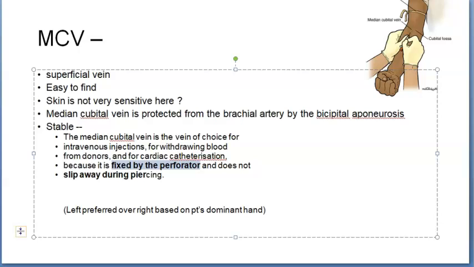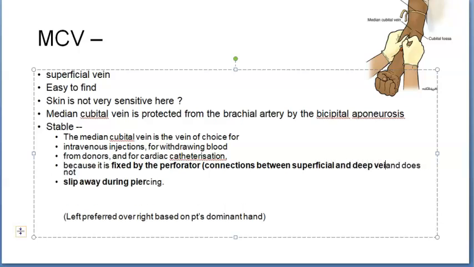The ones that help the venous drainage, right? So perforators are nothing but connections between the superficial and deep veins. Something like this you can write, deep vessels. So these perforators will fix this vein. It will not move when you pierce it. This is a very, very important point.